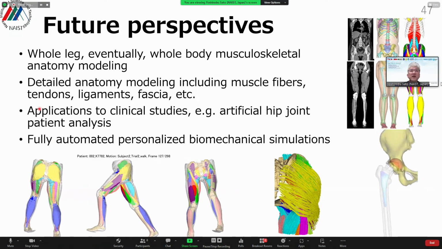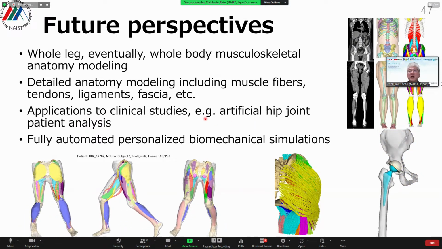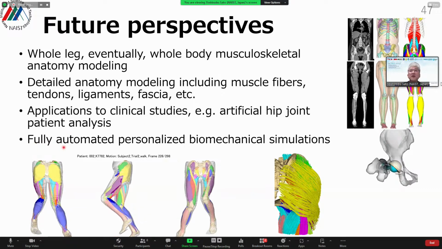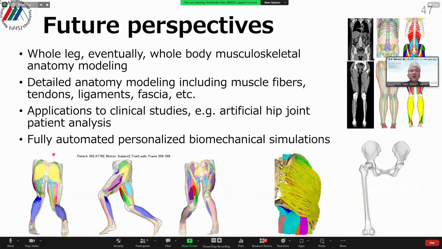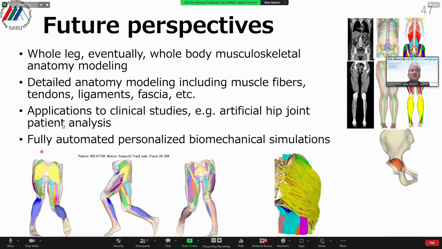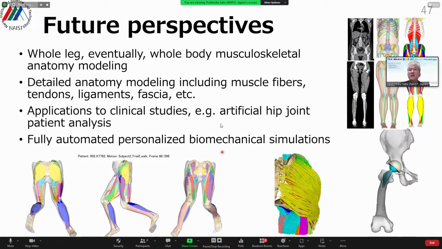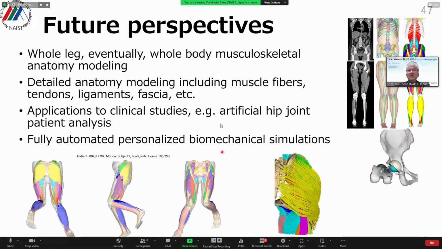We also try to apply our method to clinical study, for example, artificial hip joint patient. And also we are trying to develop a system for fully automated personalized biomechanical simulations. Thank you very much for listening.